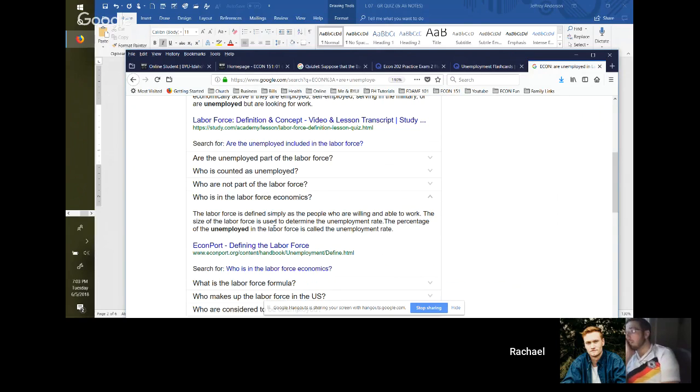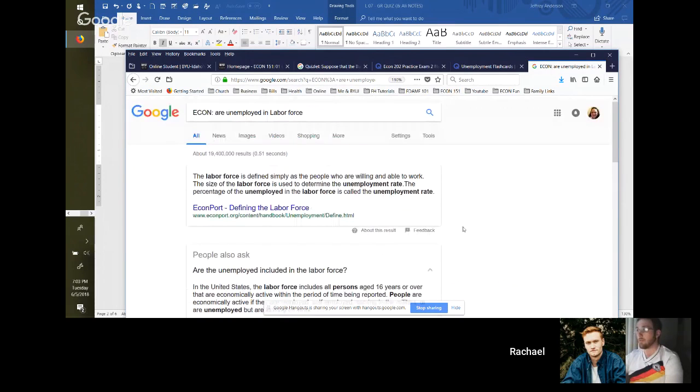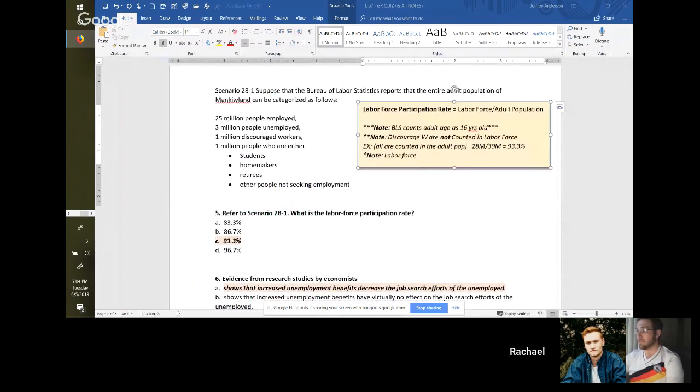The size of labor force is determined by, oh yeah, right here. It says it right there. Yep. Okay. I am totally blind. It says it right in the book that the labor force is the number of employed plus the number of unemployed. Okay. Yeah. Okay. So then, yeah, that would be 93.3% then.